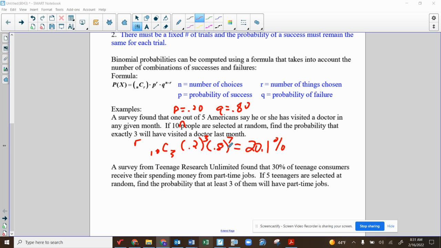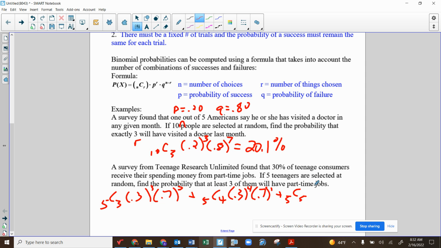You'd have to do this formula 3 times and then add them together, and that becomes a bit of a pain. What it's going to look like is 5C3 times 0.3 to the third times 0.7 squared, and then you'd have to do it for 4, and then for 5.